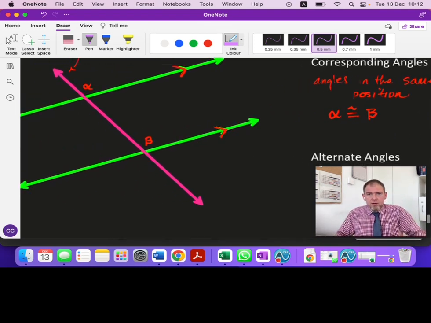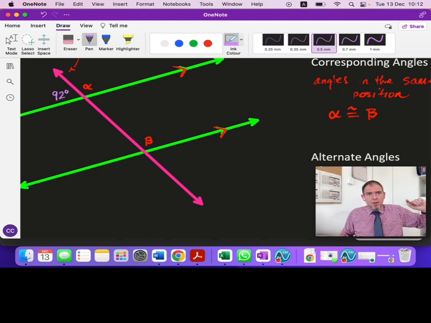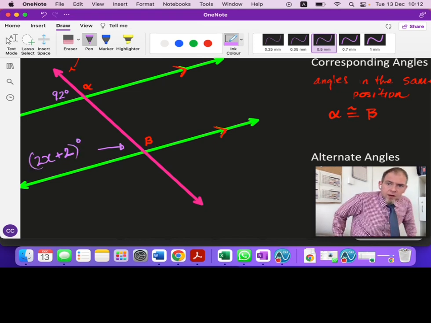So no matter what we have, if I tell you that this angle is, let's call this 92. It doesn't look like it's 92, but we're going to pretend for this example that it is. Things are slightly skewed, but we're going to make it work. If that's 92 degrees, then this angle here that I'm going to label as 2x plus 2 has to be the same thing because it's in corresponding position.